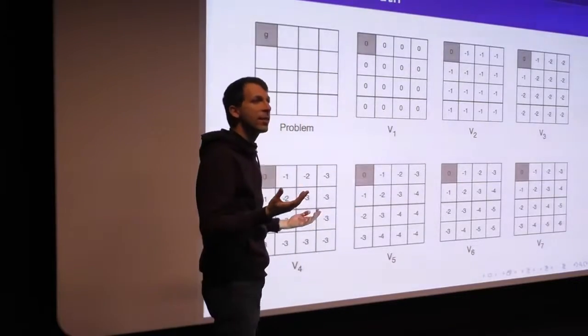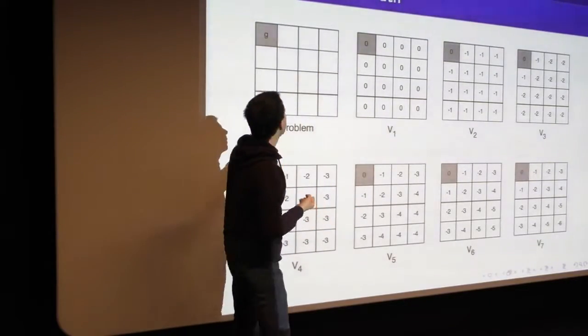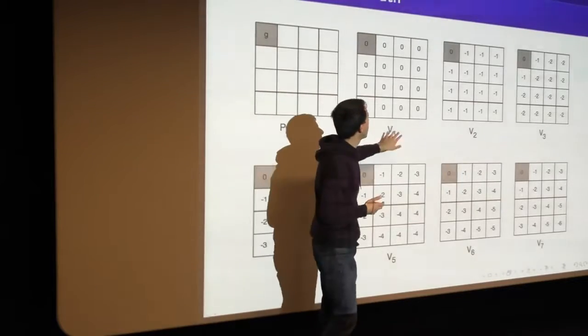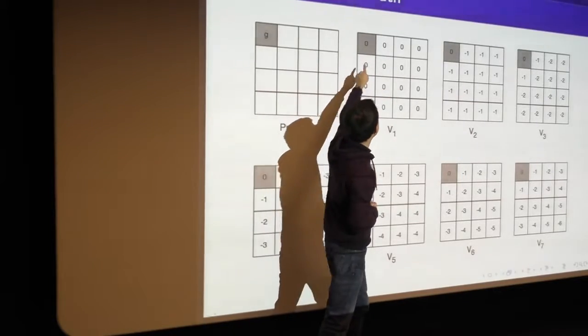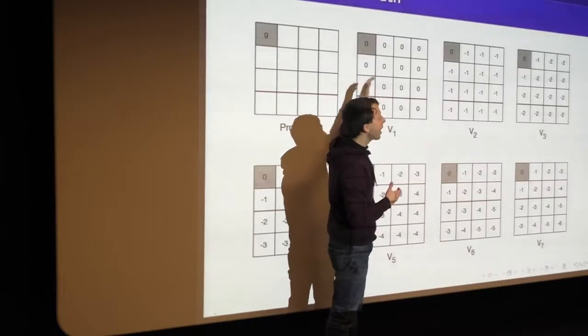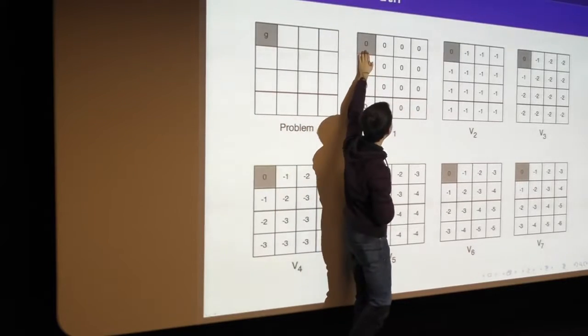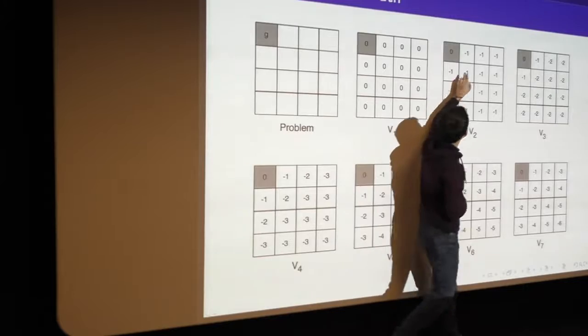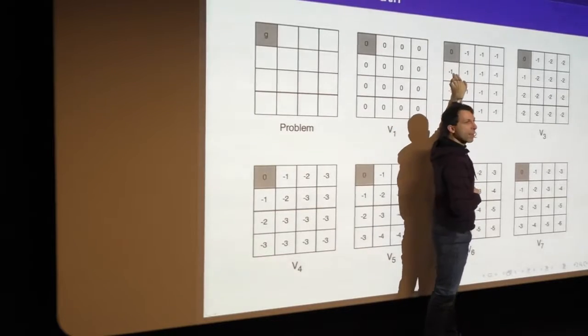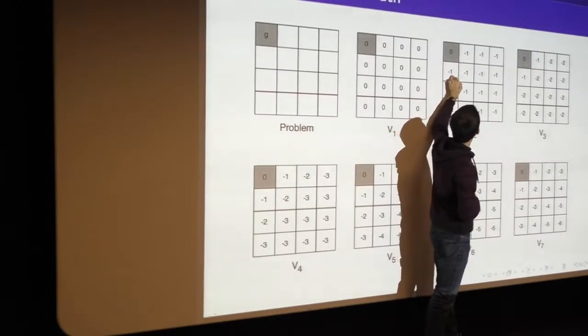Intuitively, the way to solve such problems is that you start off with some initial state that tells you it's 0 at this state here, and then you work your way backwards. Once you know it's 0 here, you know that from each of the states adjacent to that, the cost is -1 to reach that. It takes you 1 step to get there.